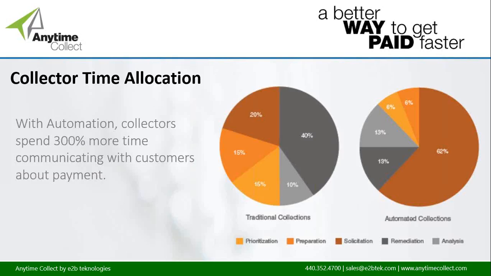We are preparing for those calls, getting the contact information, looking up what happened last. Again, all very inefficient processes. But if we look over on the right, if we're operating in more of an automated system, we can eliminate a lot of the prioritization and preparation that goes on in accounts receivable. What that allows us to do is spend 300% more time talking and communicating with our customers to get paid.